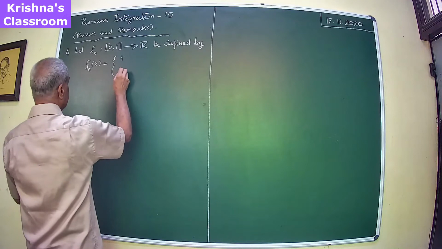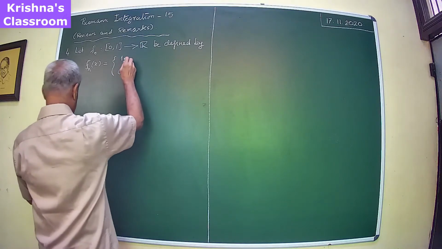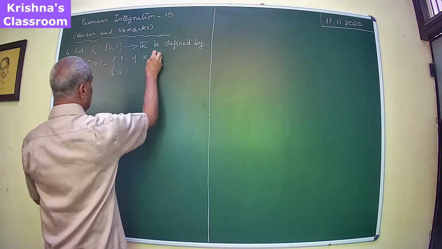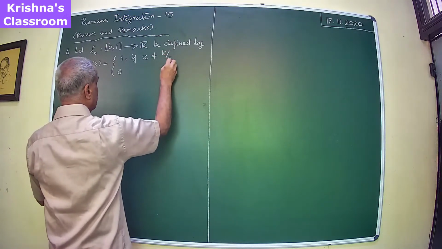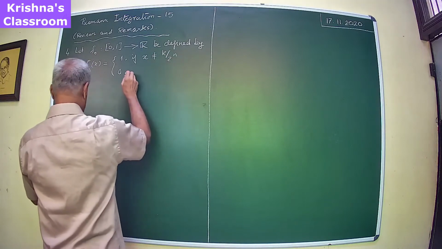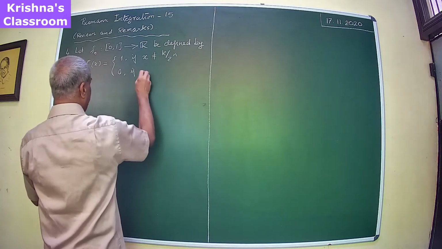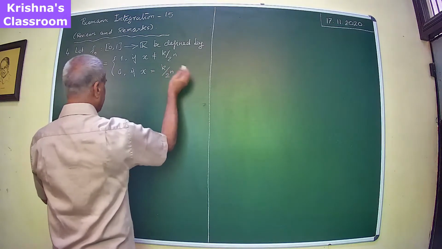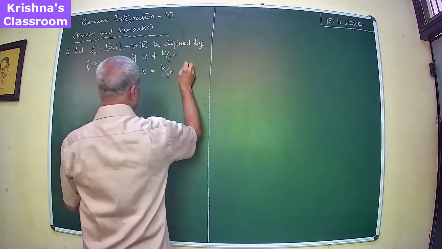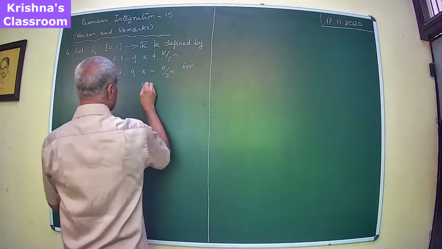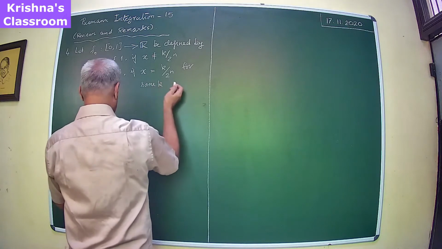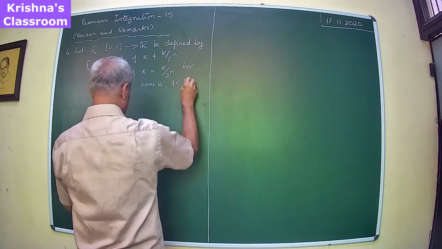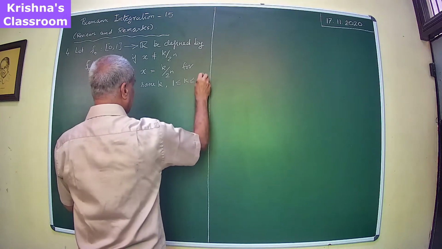F_n(x) = 1 if x is not equal to k by 2 to the power n, and if x equals k by 2 to the power n for some k, 1 less than or equal to k less than or equal to 2 to the power n minus 1, then the value is 0.